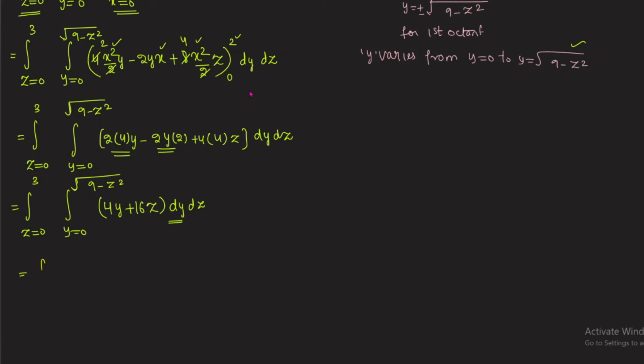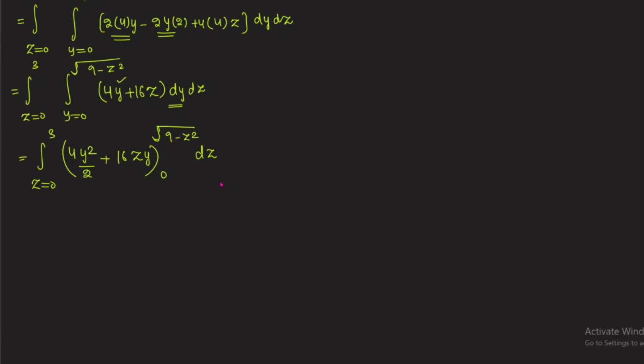Now integrate with respect to y. This will become integration z equal to 0 to 3. Here we have the y term, so this will become 4y square by 2 plus 16z y. No y term here, so we will get y term here. Limit 0 to root over 9 minus z square dz. The 2s will get cancelled.